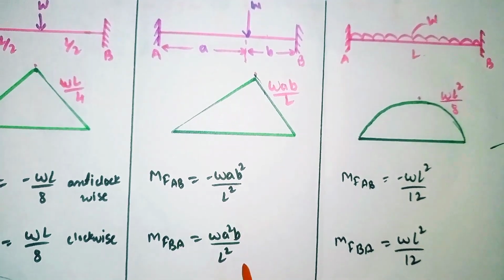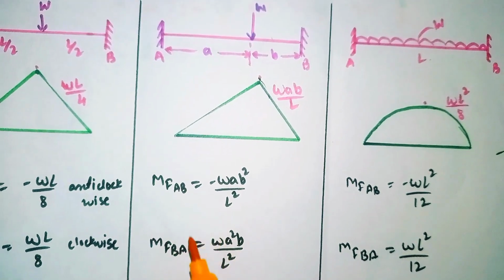By using these two formulas we will calculate the fixed end moments for AB as well as BA.